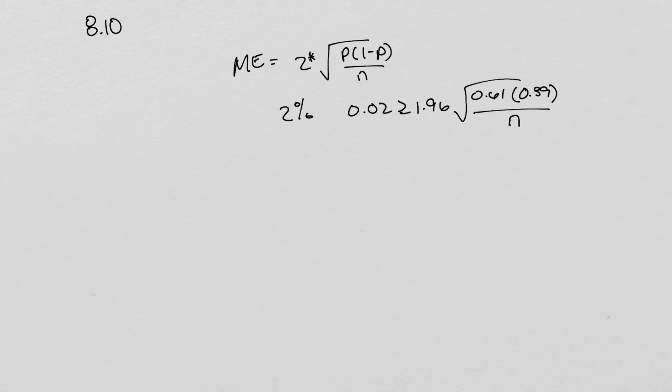So then we just do some algebra, and n turns out to be greater than or equal to 2285. And you always round up to the nearest whole number because you cannot have a decimal of a person. This is a hint for the final: know how to do some algebra here.